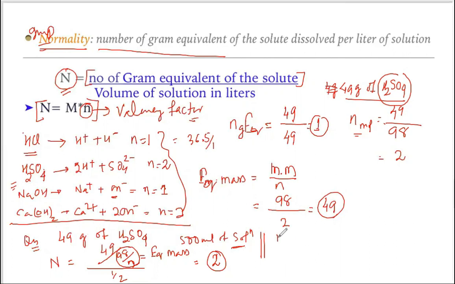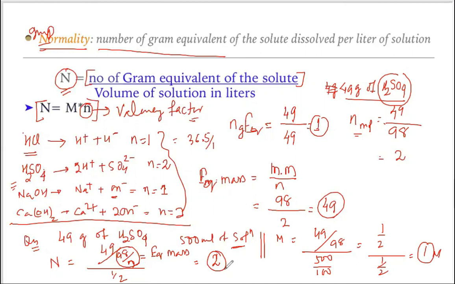Similarly, if you want to calculate the molarity for the same question, that is 49 divided by 98, whole divided by 500 by 1000. The numerator will be 1 by 2 and the denominator will be 1 by 2, so the total will be 1 molar.